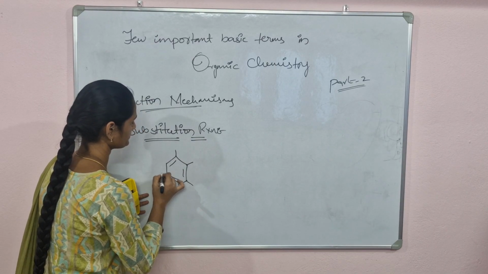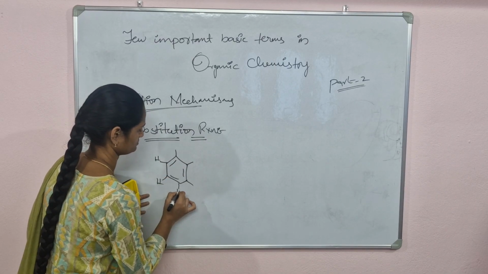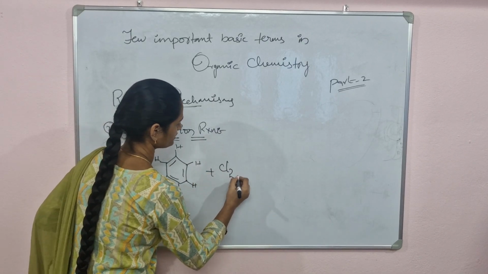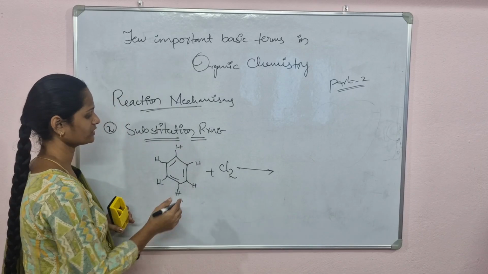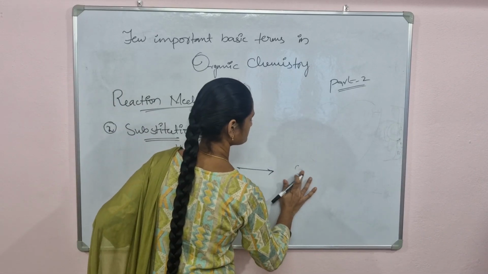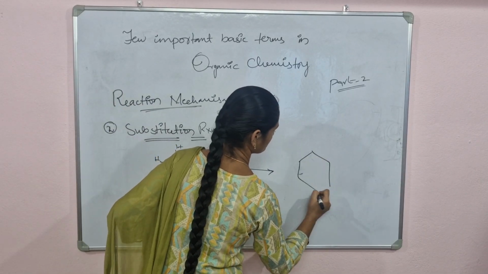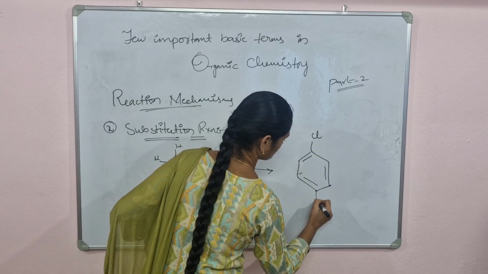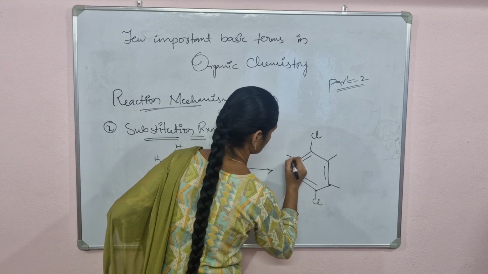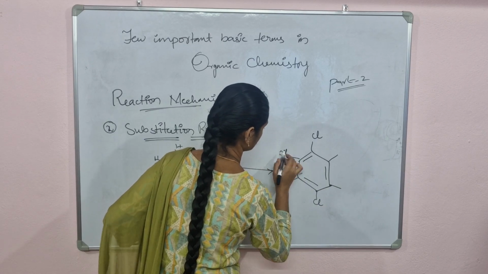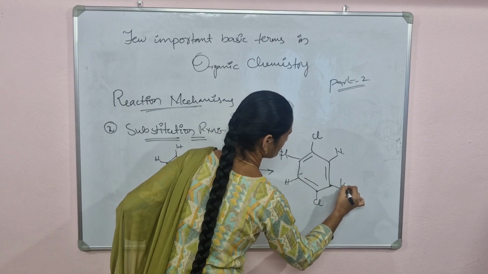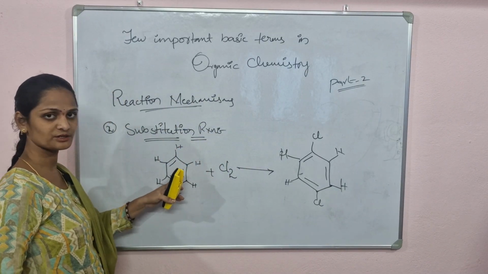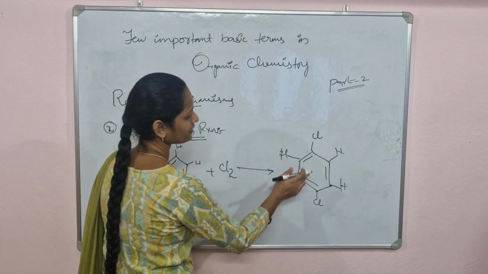Here, all six hydrogens will be placed in that. To this, if we add chlorine, see, by the addition of chlorine to this benzene molecule, we got dichlorobenzene.